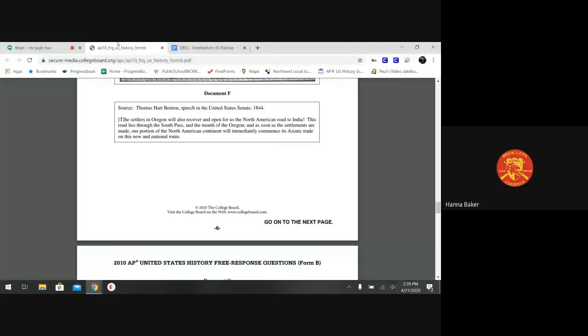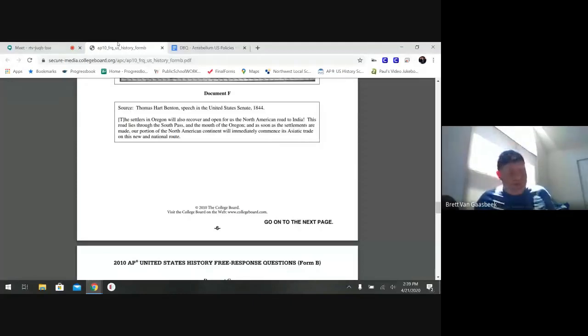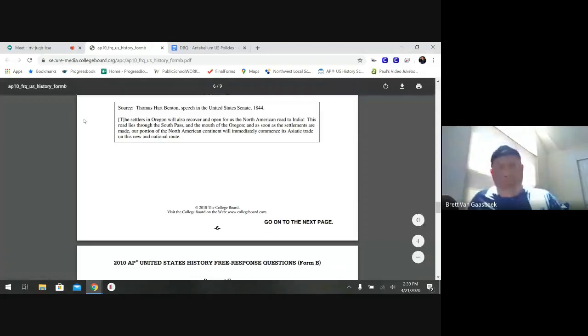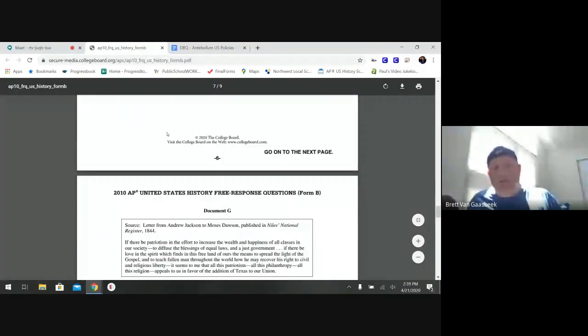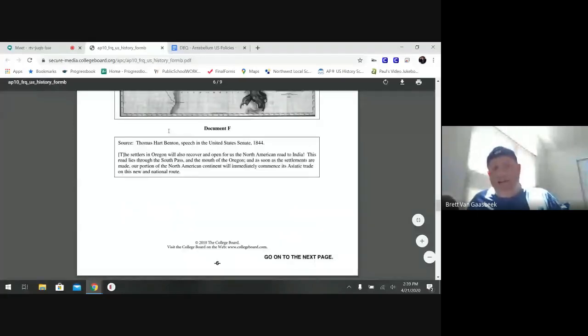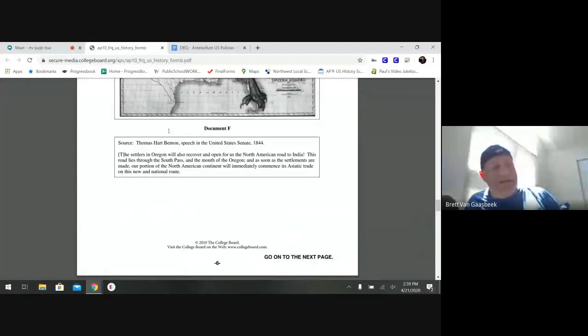Polk. It happens during Polk's presidency. Again, this is why timelines are so important. Okay. Benton's talking about the importance of getting Oregon. Not surprisingly, the winner of the 1844 election, Polk, is going to get it done. Polk is going to push for this.